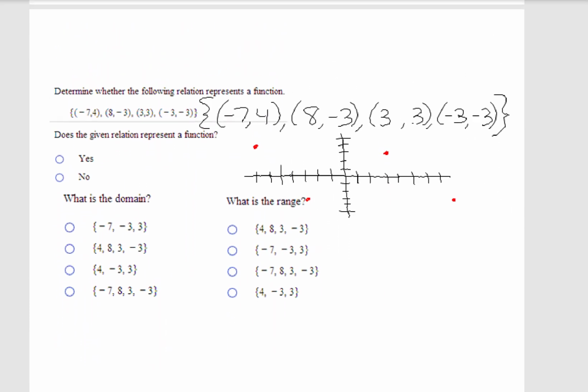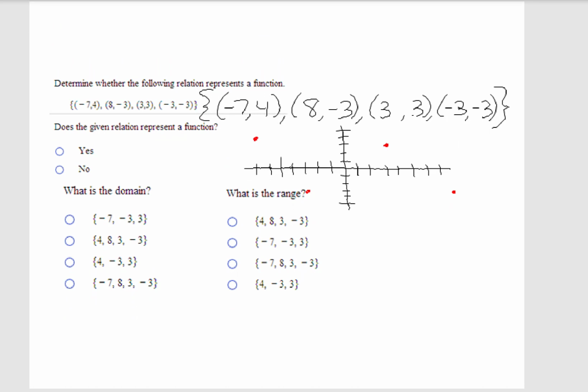This slide is asking us to determine whether the following relation represents a function. The ordered pairs that are given are (-7, 4), (8, -3), (3, 3), and (-3, -3). So remember, if it represents a function, then we're making sure that every x only has one y. And it's actually already graphed right here.